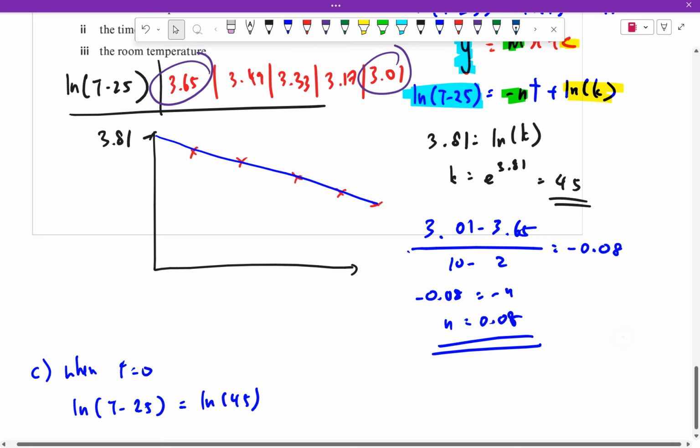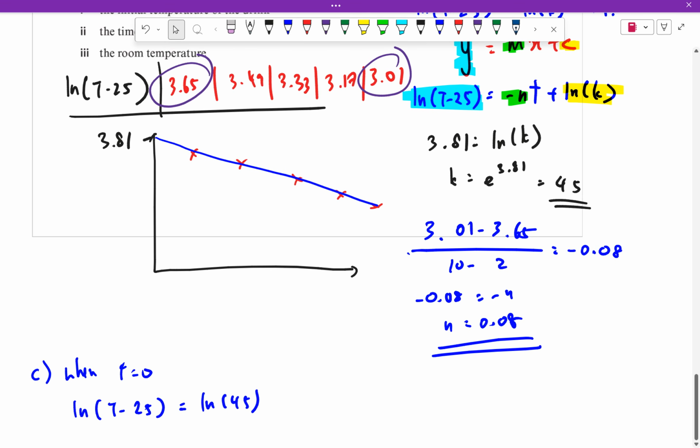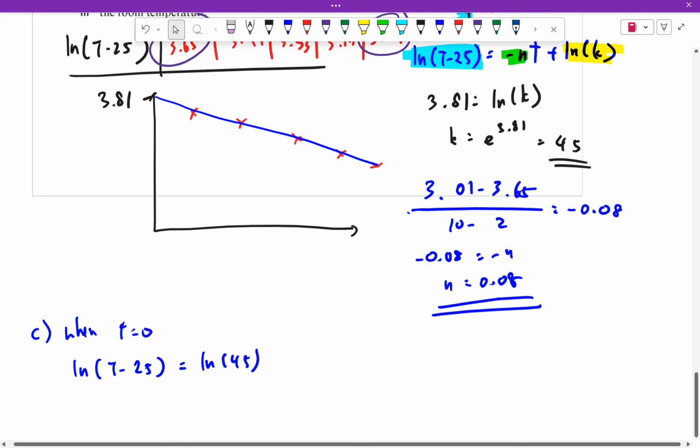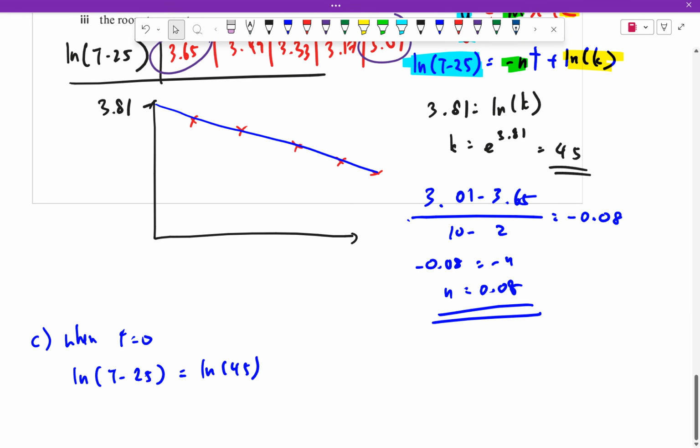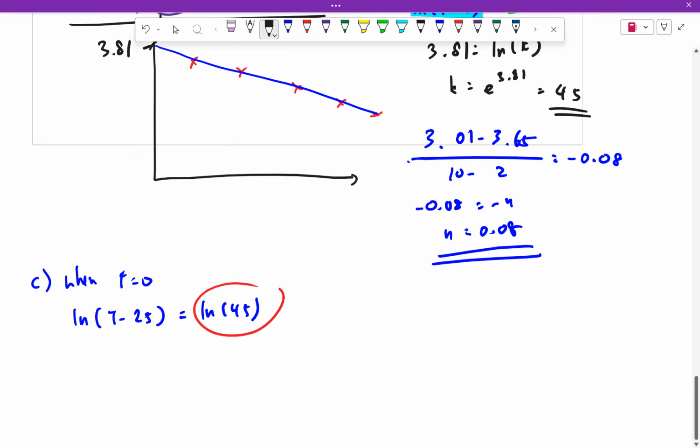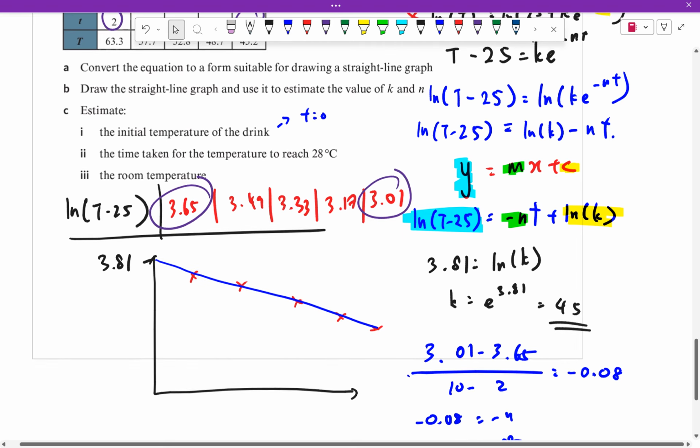Or the second method is just reading off the value as 3.81. It's the same thing. Either way, we cancel the ln on both sides, and t equals 25 plus 45, which is 70 degrees. Done.